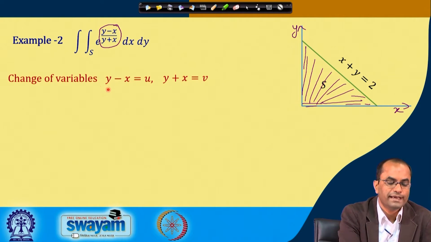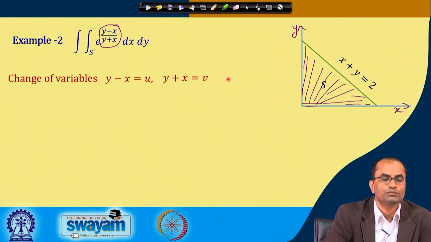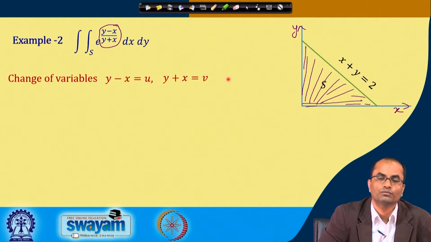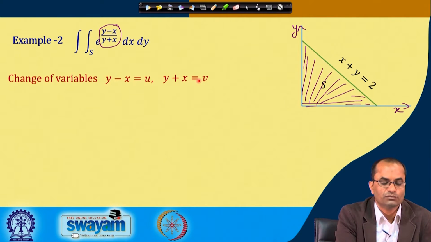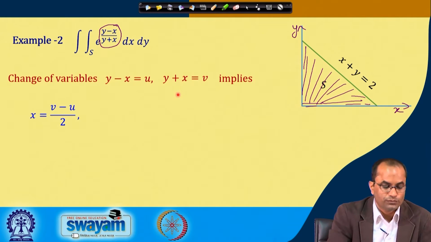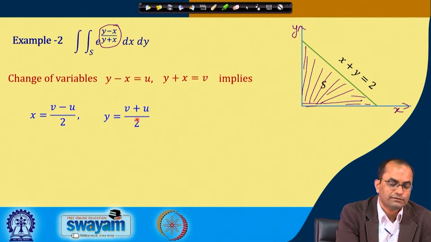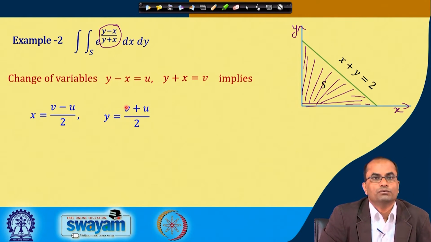For example, if we add, we will get 2y is equal to u plus v. So, y is equal to u plus v by 2. Similarly, if we subtract this one from this one, we will get x is equal to v minus u by 2. So, x and y will be v minus u by 2 and v plus u by 2.